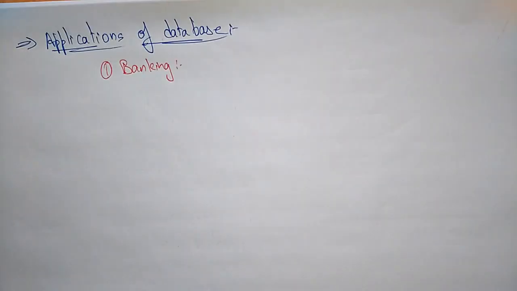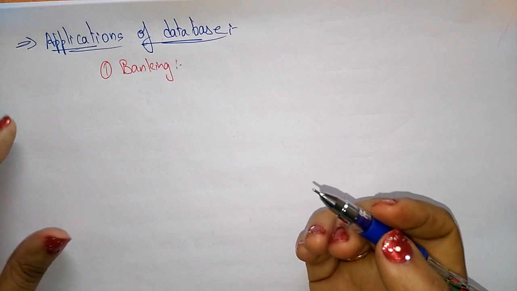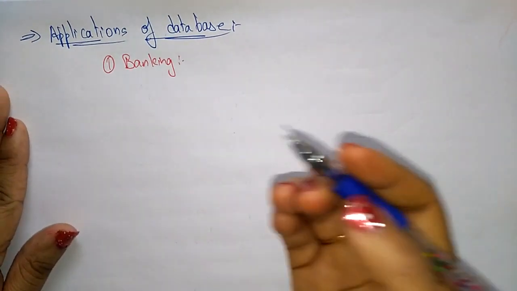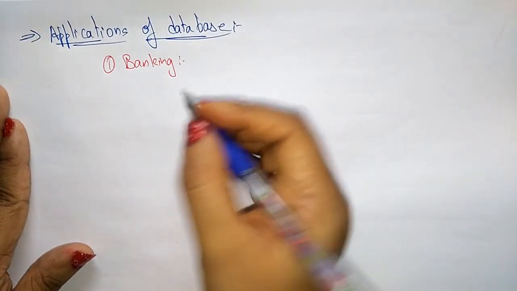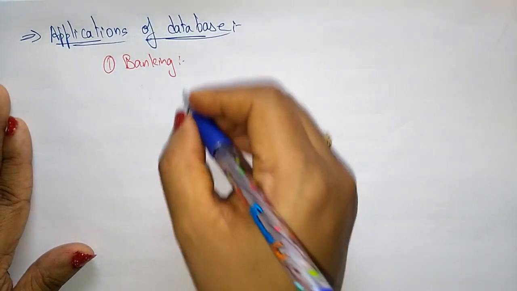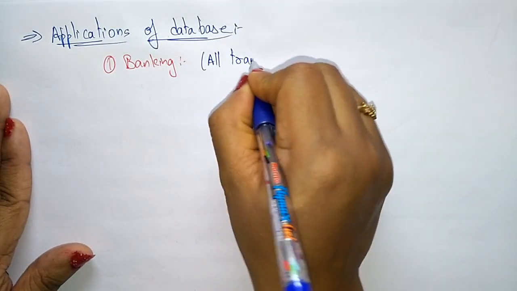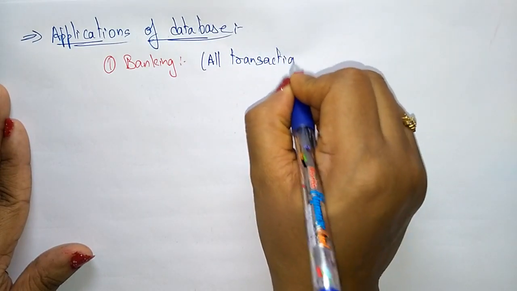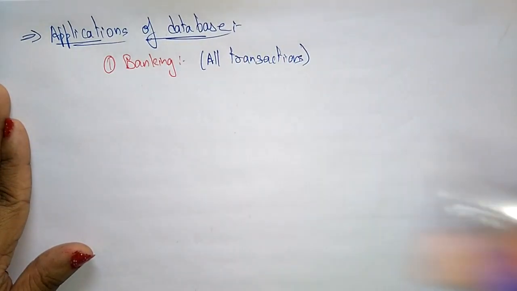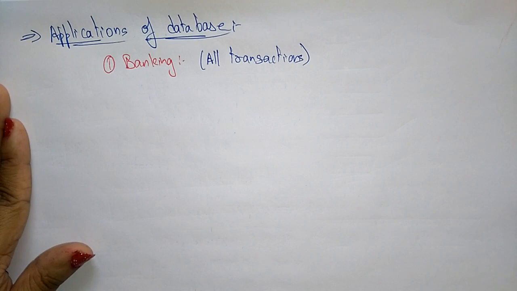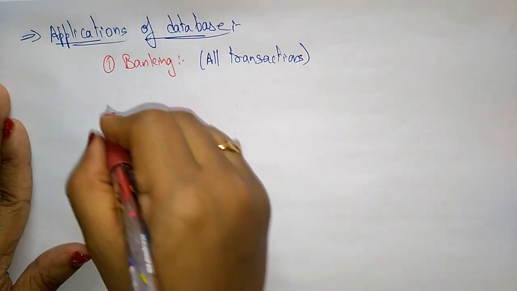So in banking areas we use the database. For what purpose are they using the database? For all transactions. Whatever transactions are going on in the bank, will be based upon a complete database.